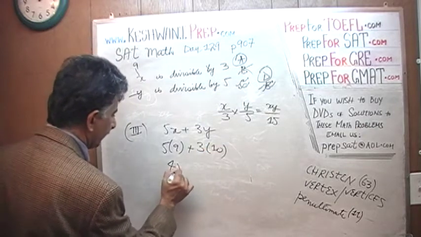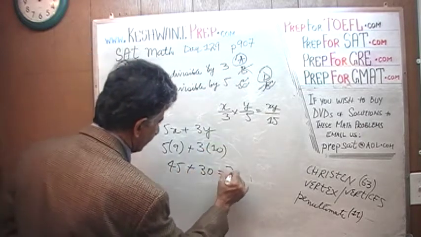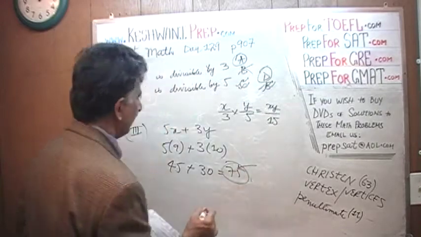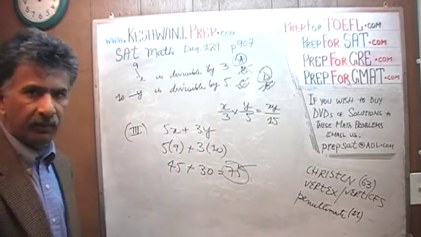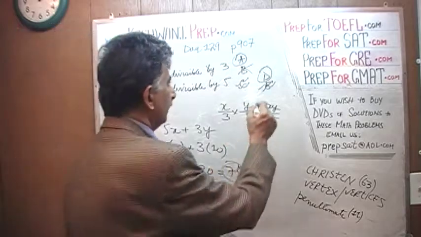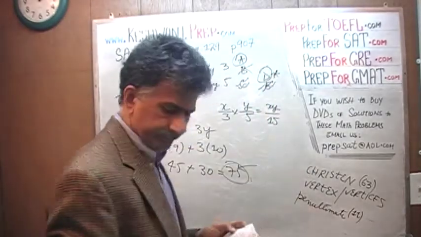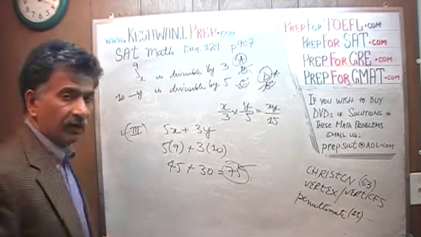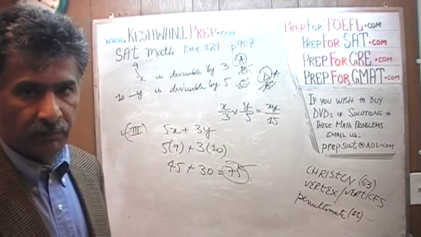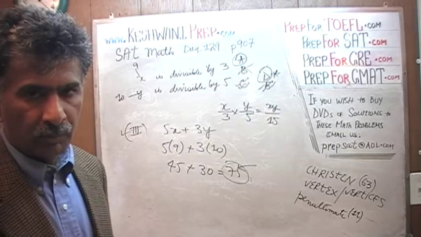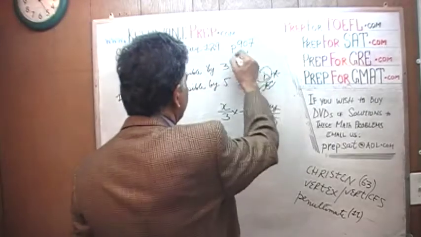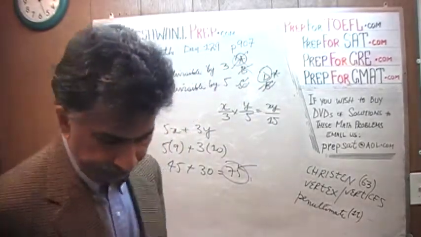So here we have 45 plus 30, which gives us 75, and 75 is divisible by 15. The answer is D. The third statement works, which means the correct answer, whatever it is, must also contain Roman numeral 3 in it, which rules out A. And we are left with D.